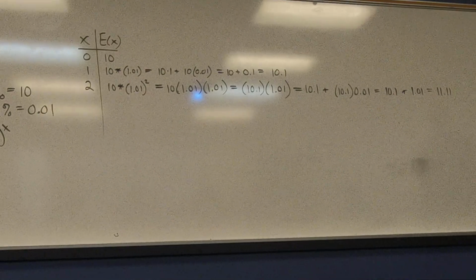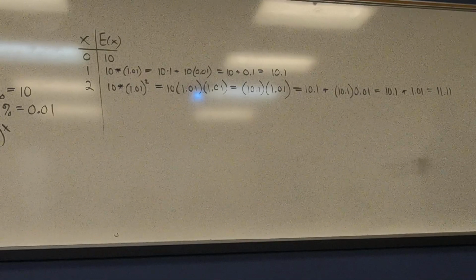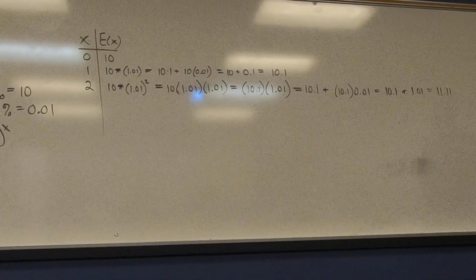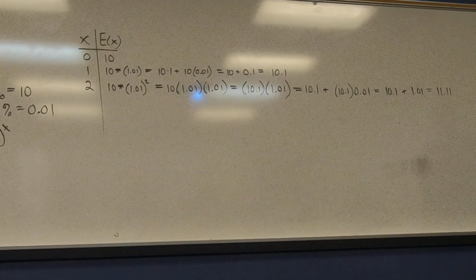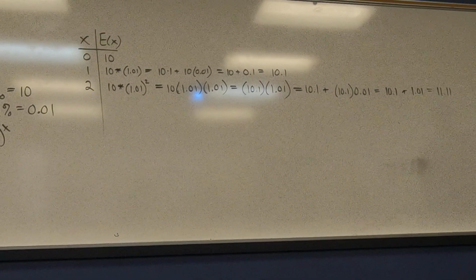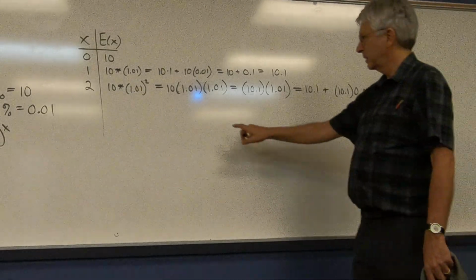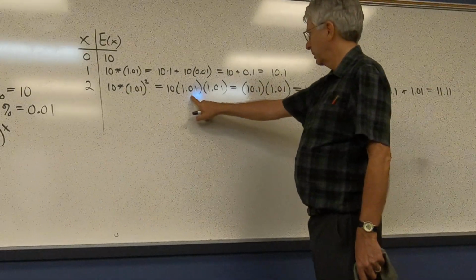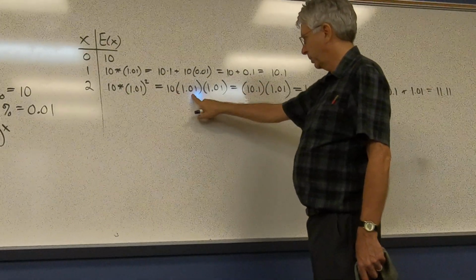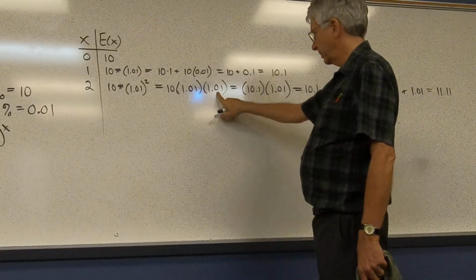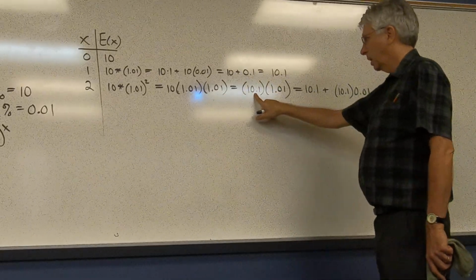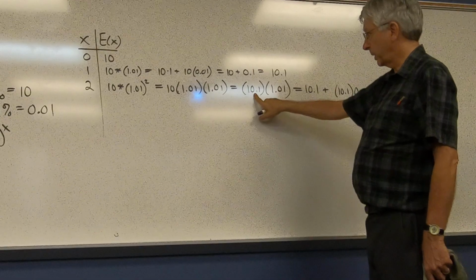Is that true? Did I do that right? It feels wrong somehow. So where did I go wrong? We have what we started with, grow it by 1%, and then grow it by 1% again. Here's the 10 that we started with increased by 1%.